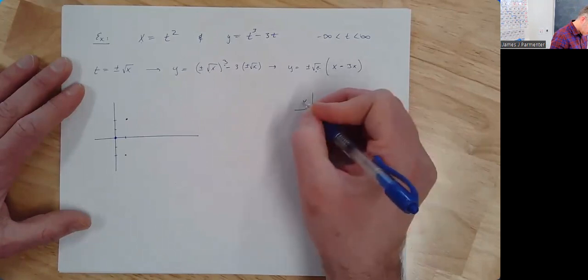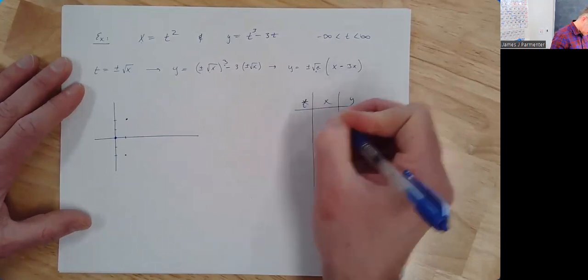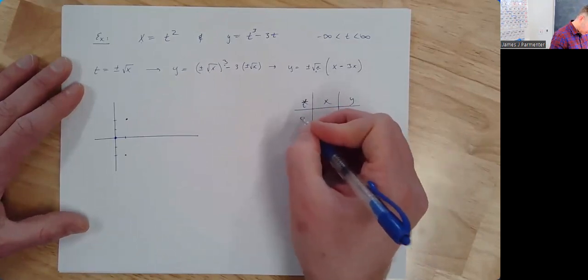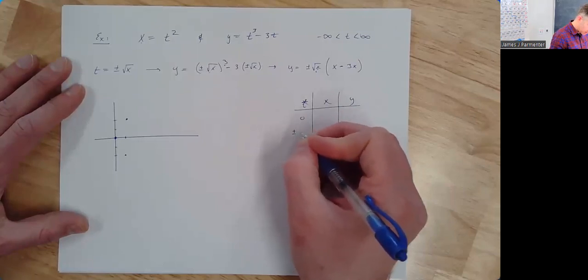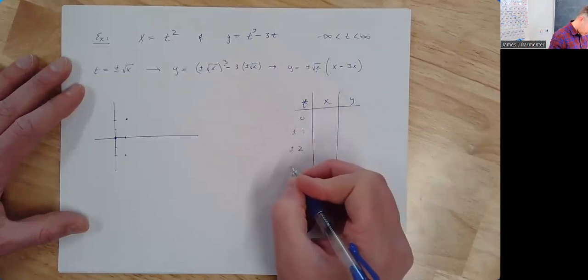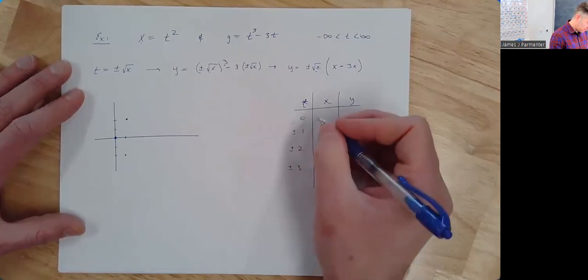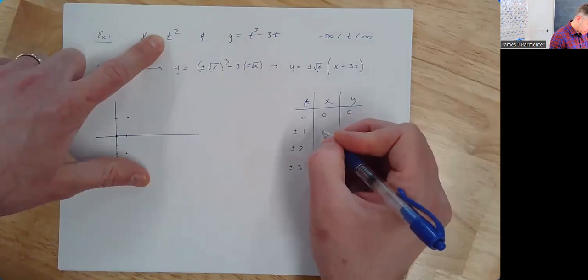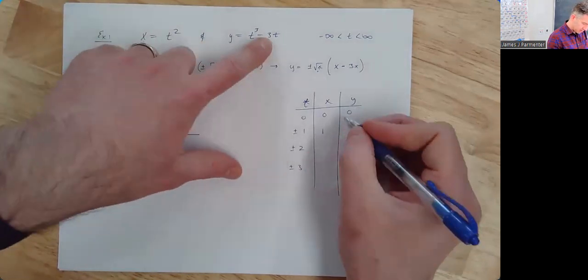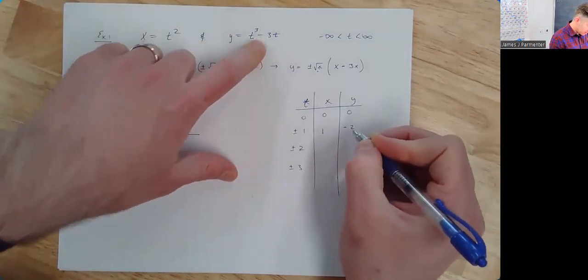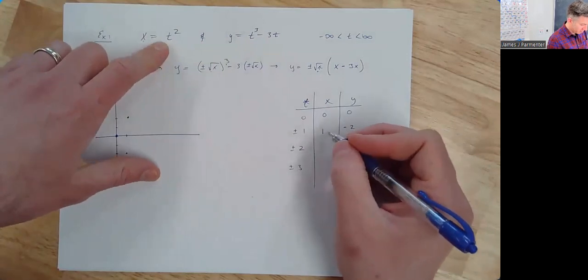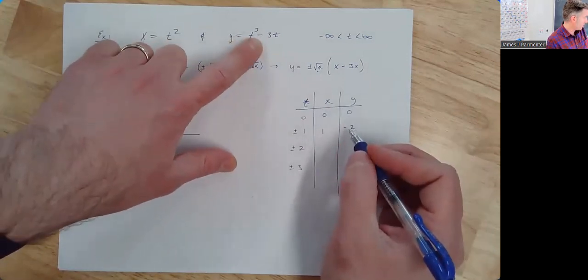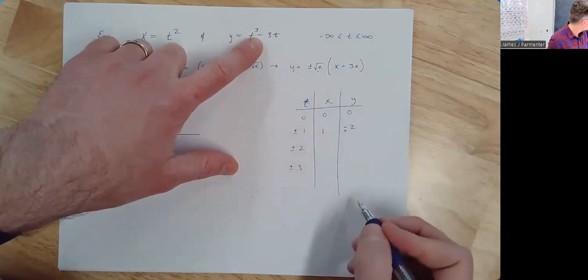T could be 0, plus or minus 1, plus or minus 2, plus or minus 3. So t is 0, x is 0, y is 0. T is 1, x is 1, y is 1 minus 3, which is -2, and t is -1, x is still 1, but y is now -1 plus 3, which is +2.